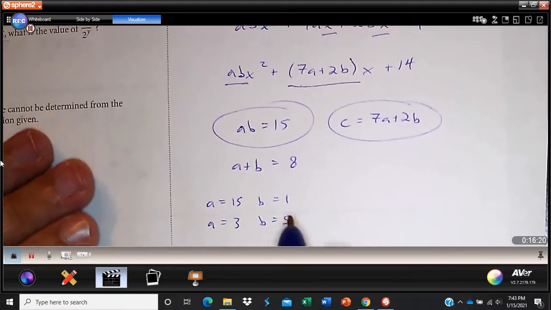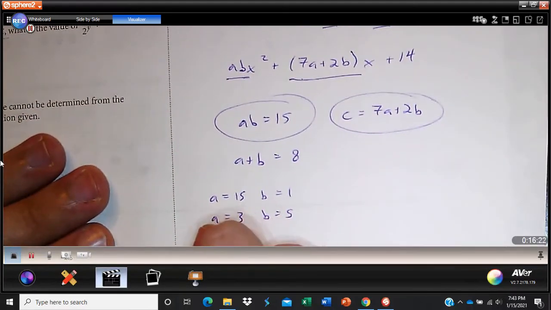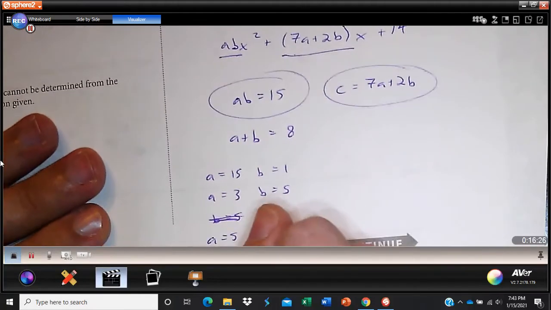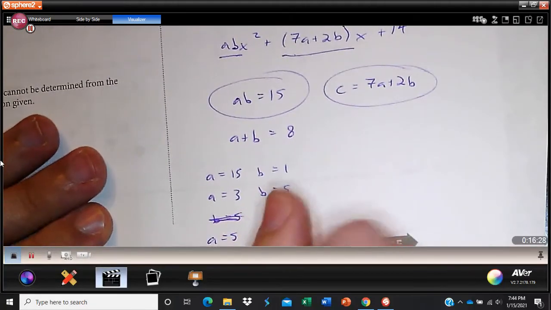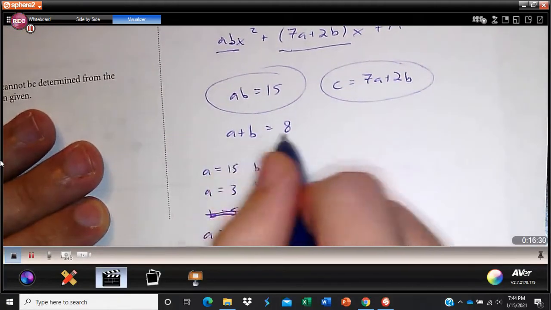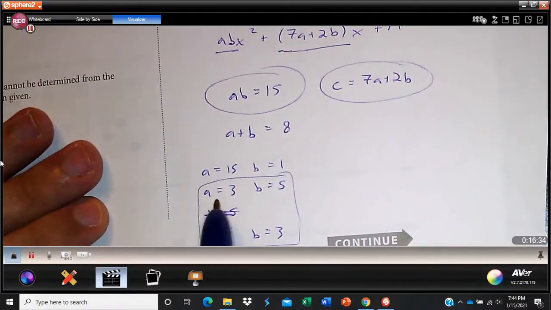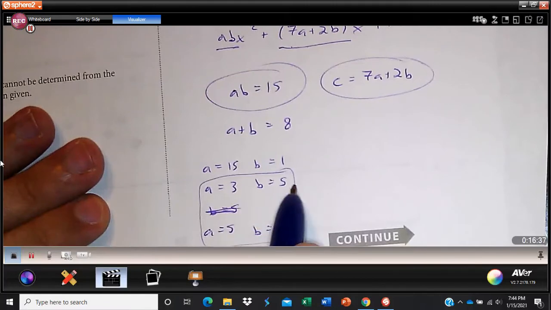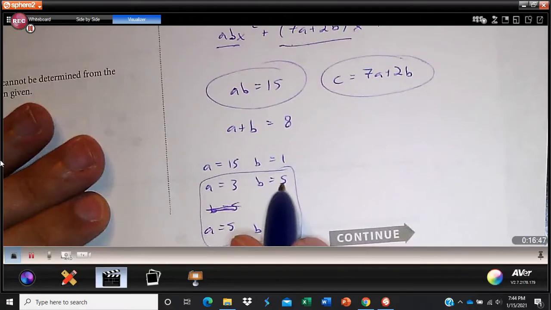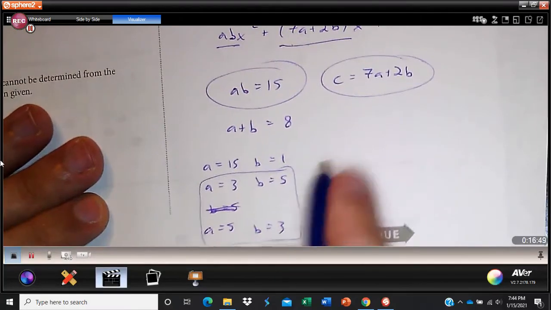Or the opposite, where a is 5 and then b is 3. In this case, they have to sum to 8, so I'm limited to these two possibilities. So, yeah, 3 times 5 is 15, so it satisfies that. And then 3 plus 5 is 8, so it satisfies that as well. And then the reverse also satisfies both of those. So there's actually two possibilities for a and b.